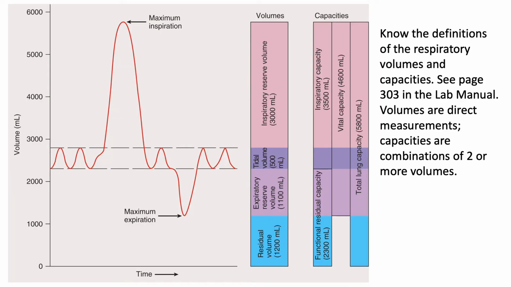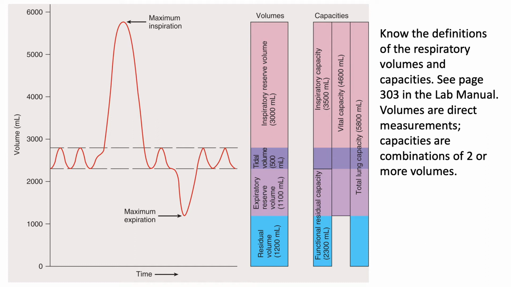So when we breathe into a spirometer, we get a trace called a spirograph, and that is what you're looking at here. The spirograph gives us the volume. We can measure the volume of how much air we breathe in and out with just an at-rest breath, which is our tidal volume.